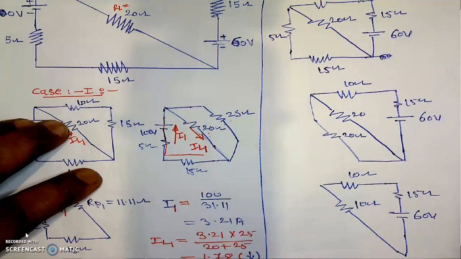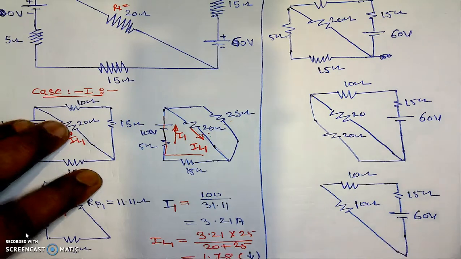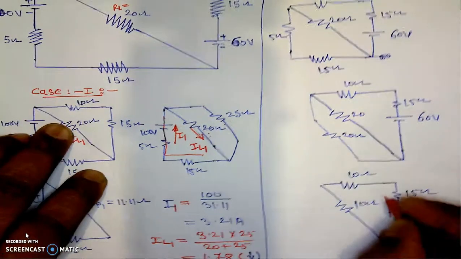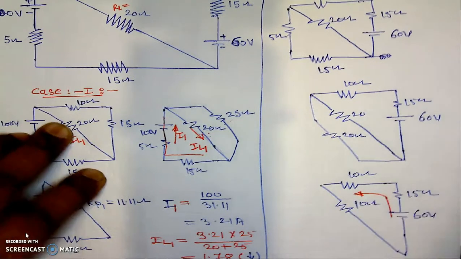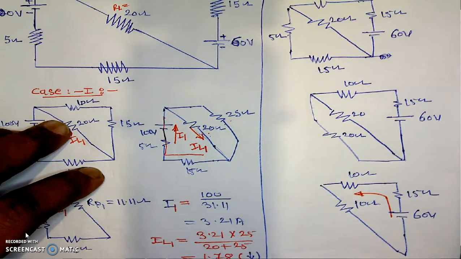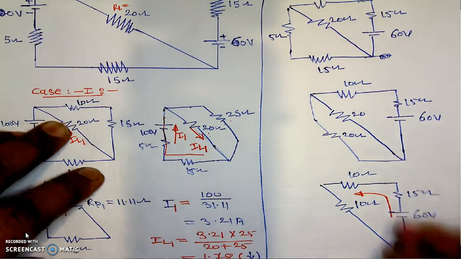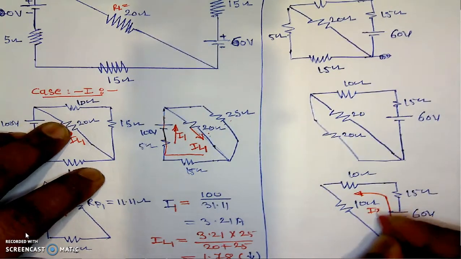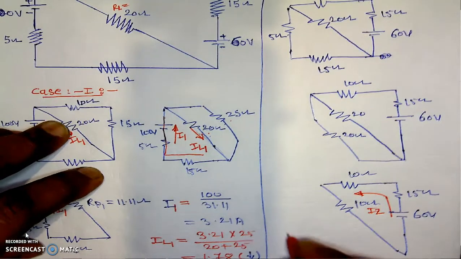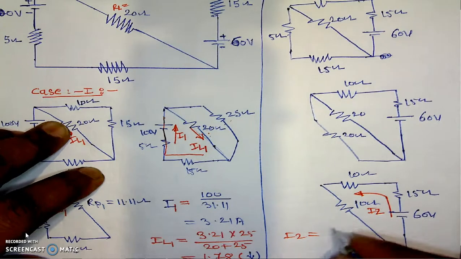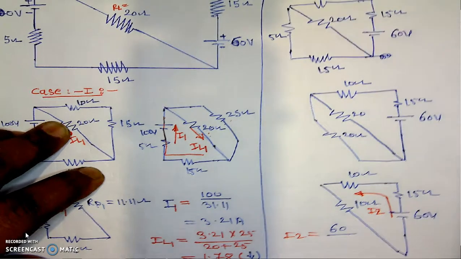Now here in this case we have the total current with us. I will show it here. This loop current or mesh current, or current in the source, for case 2 we will name it as I2. And this I2 is equal to total voltage divided by total resistance.